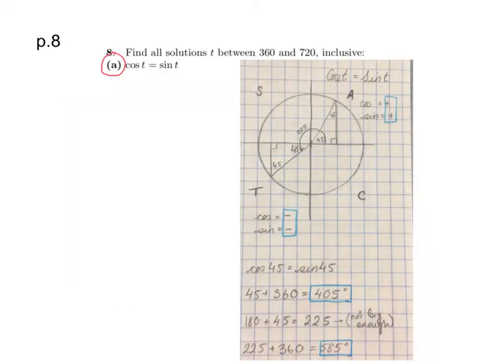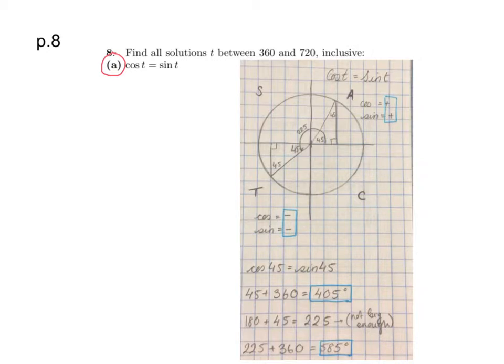Question 8 asks us to find all the solutions of t between 360 and 720. We drew this circle here, and we saw that the only way to have cosine and sine equal is in a 45-45-90 triangle. So we drew that triangle here. But 45 is too small, and it's not between 360 and 720, so we added 360 to 45 to get 405.